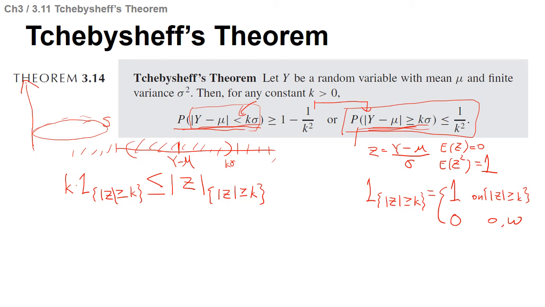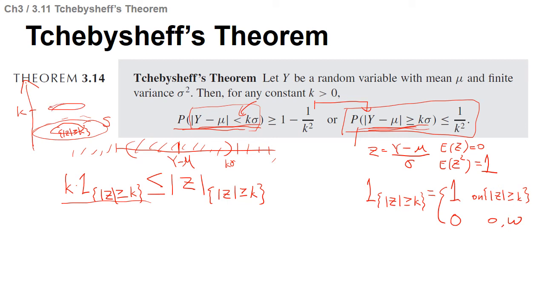And let's say this part is the set where the absolute value of z is greater than or equal to k. For this function, it is k times 1, so it is k on this area.